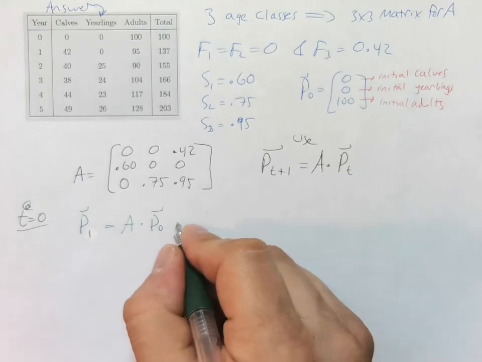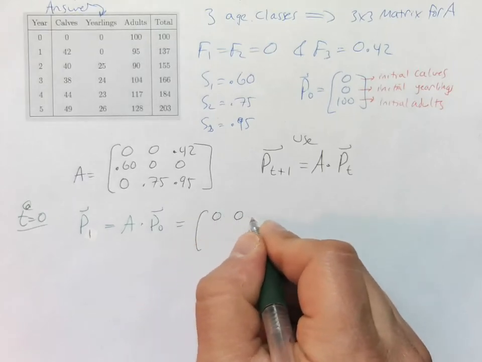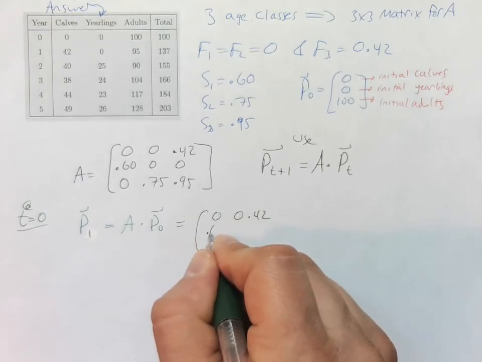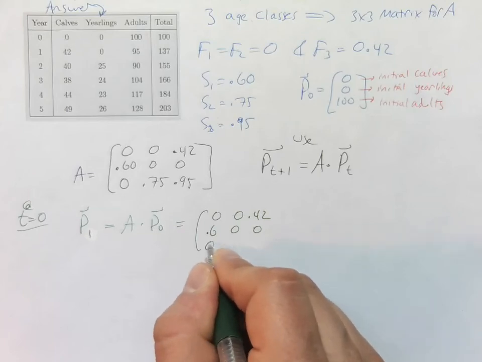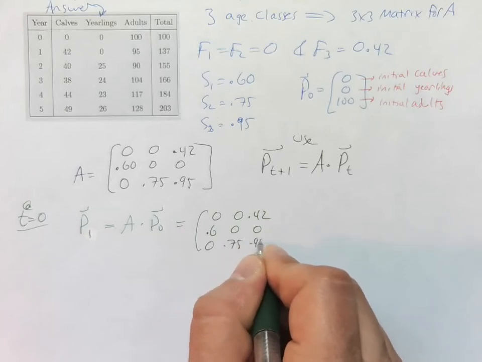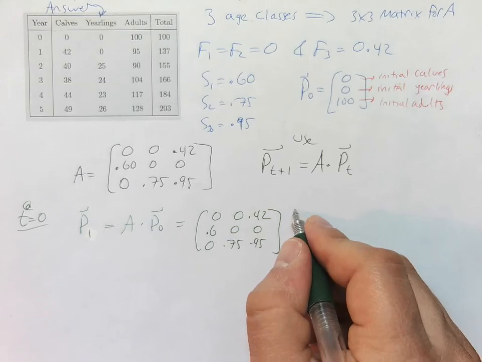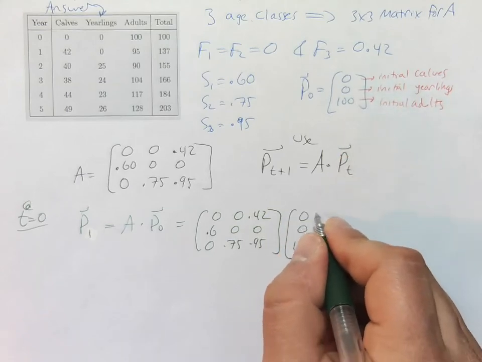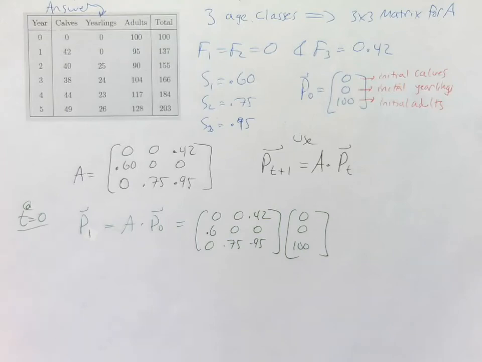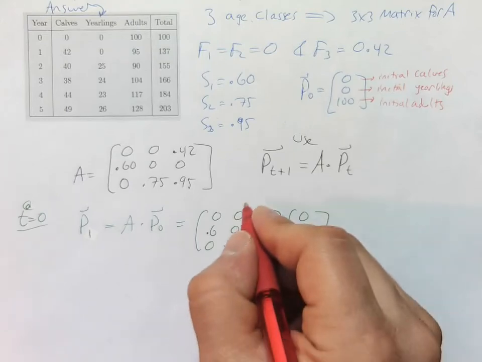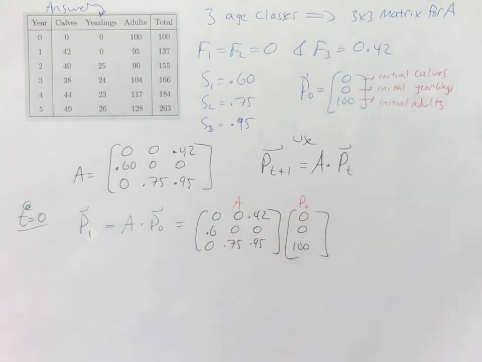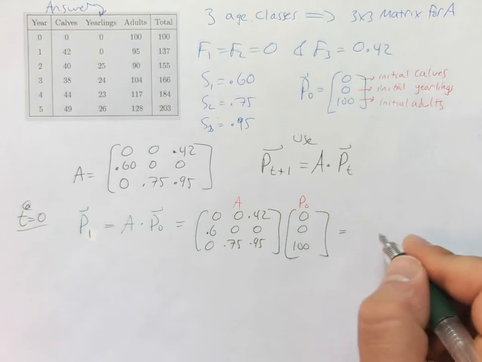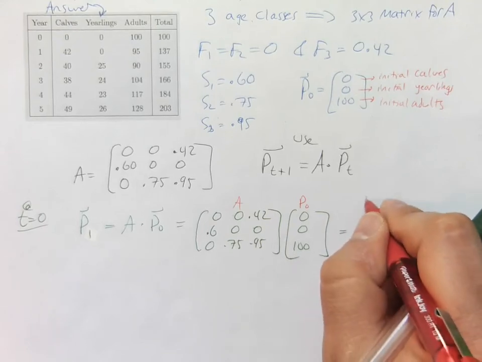A is our matrix, 0, 0, 0.42, 0.6, 0, 0, 0.75, 0.95, and P0 was the vector 0, 0, 100. This is A times P0, and you can just do that matrix multiplication to get the next time step, our P1 vector.